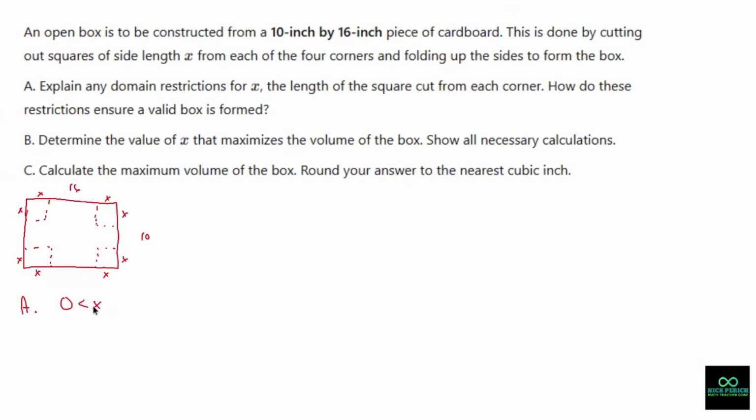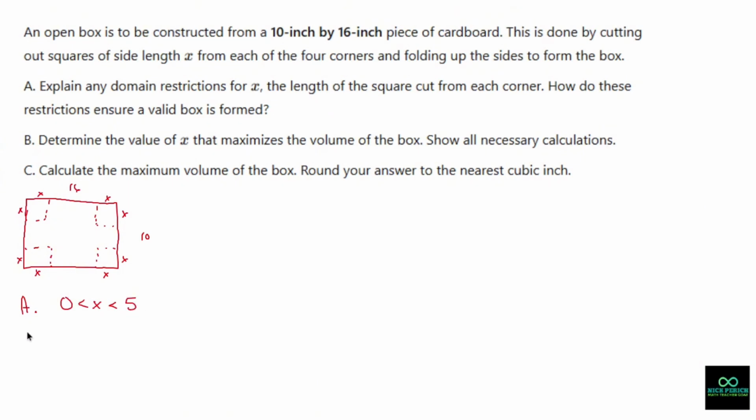Now my largest is found by taking the shorter side and halving it, but not equaling that. So I can cut out squares that are 4.99 by 4.99 and still have just a little bit of space to fold it up and make the tallest, skinniest box known to man. So my domain restriction is that x has to be between 0 and 5.